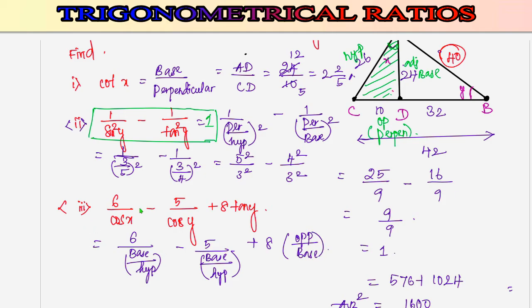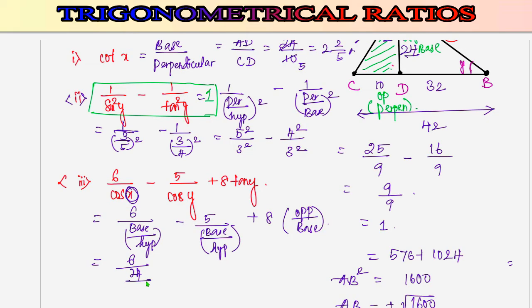Now listen carefully. Here it is very important to choose the right triangle. For angle x we need to consider the first one. In the first one we have base 24 divided by hypotenuse 26, minus 5 divided by, here, y.